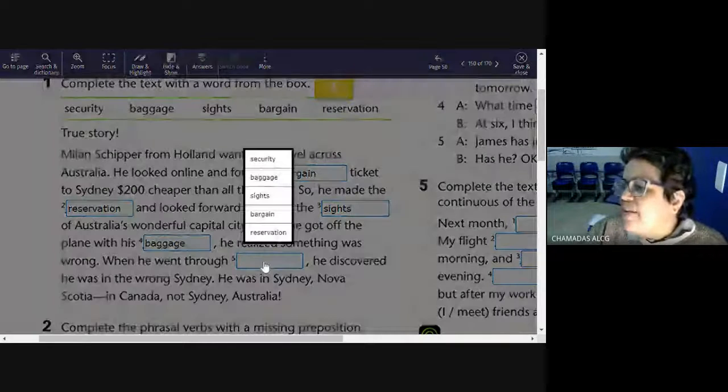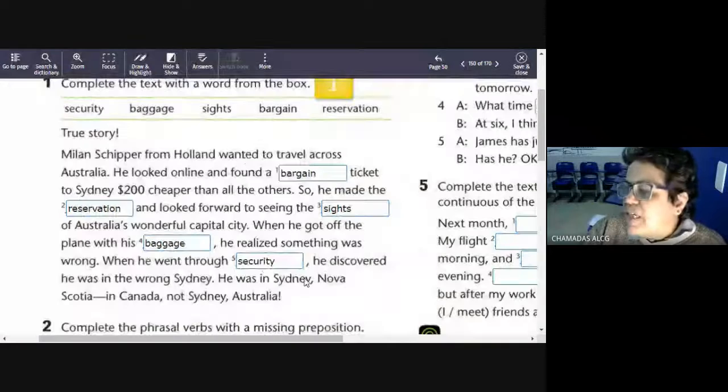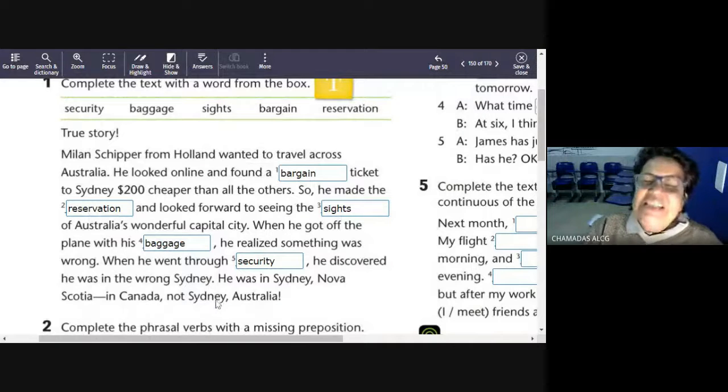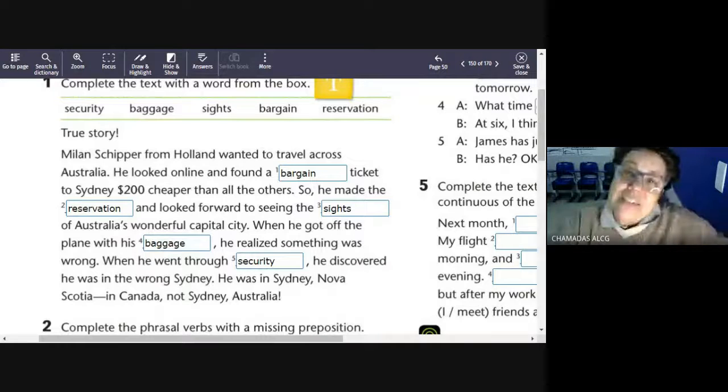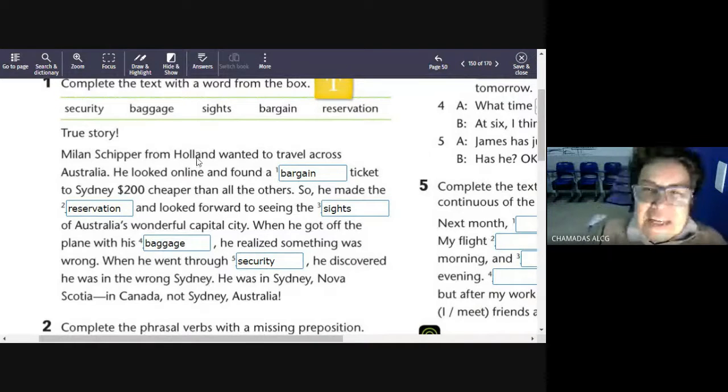So he went through security and he discovered he was in the wrong Sydney. He was in Sydney, Nova Scotia, in Canada, not Sydney, Australia. So the city exists in Canada, not only in Australia. So it's the same name, right? But different location. Okay, girls.